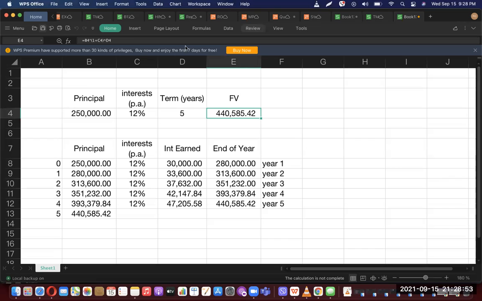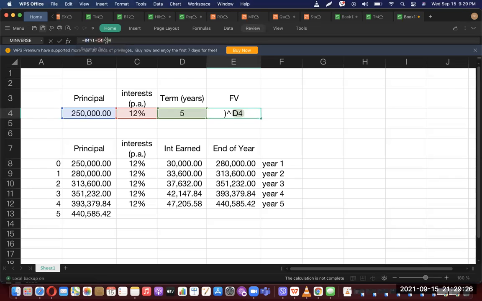If you look at the formula, here is the formula: principal multiplied by 1 plus I, which is 1 plus the interest rate, raised to the term, so 5 years. That is a forward value. Now, if you want to make it a backward value, what differs is that the exponent becomes negative.